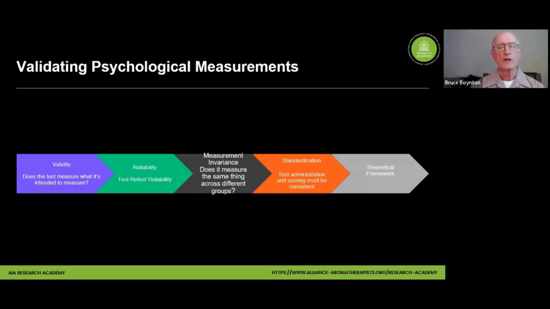Measurement invariance: do the test questions measure the same thing across different groups? I'll give you a sort of funny example of that. They are using some of the IQ tests on gorillas, different kinds of simian species, and they perform them exactly the same as they would in a human.